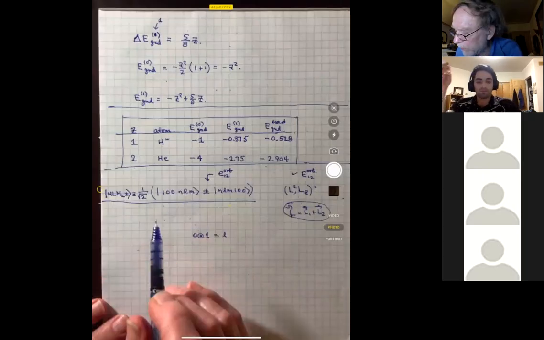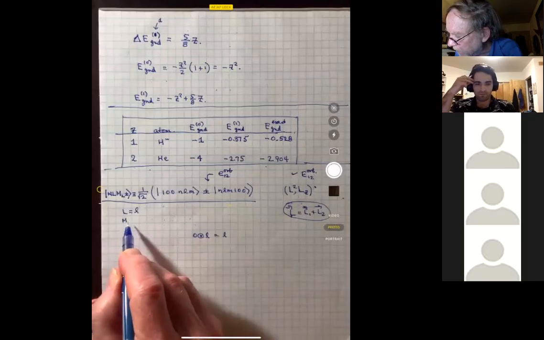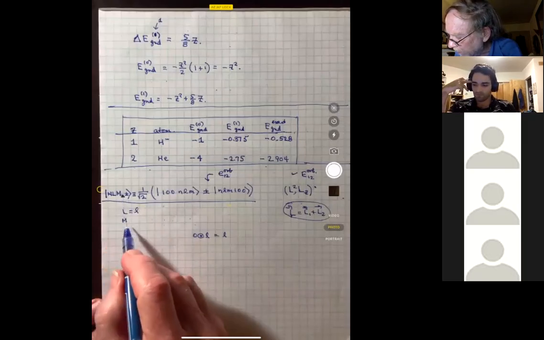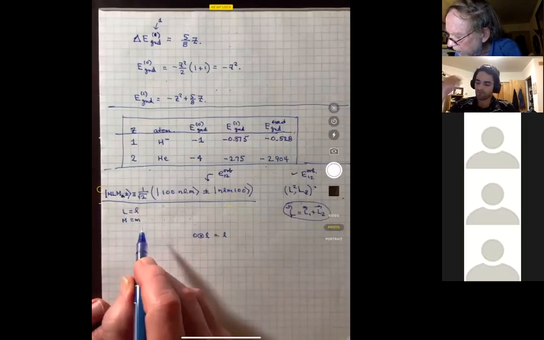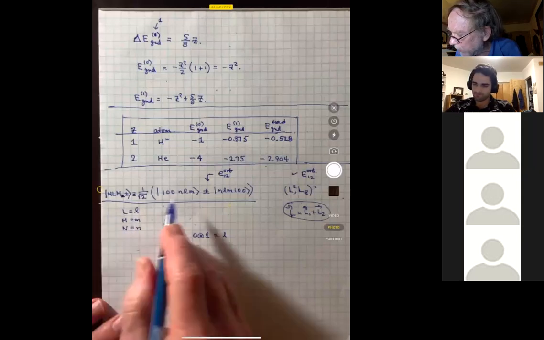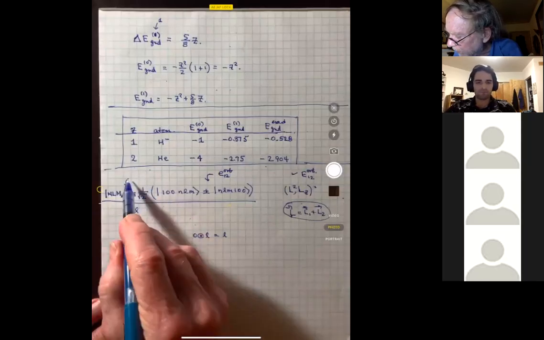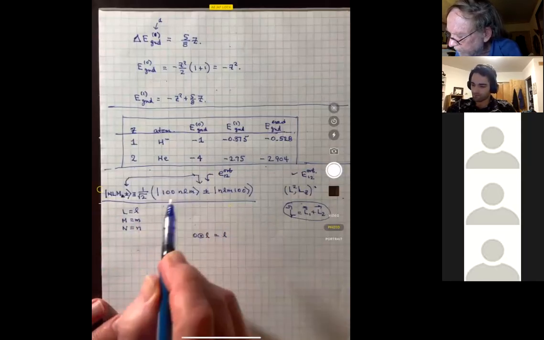In this case, however, they are the same. So big L equals small l, big M sub L, or just call it big M, is equal to small m. And as far as n, let's let the big N be the same thing as the small n, just for consistency of notation. And the plus or minus here is the same thing as that plus or minus there. Okay.